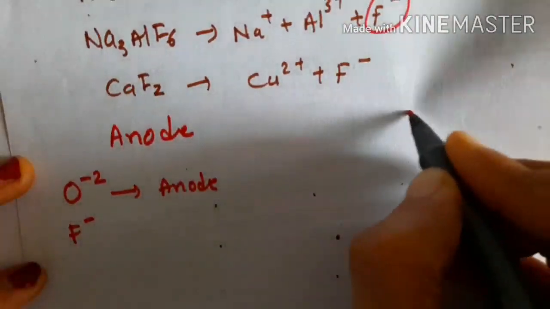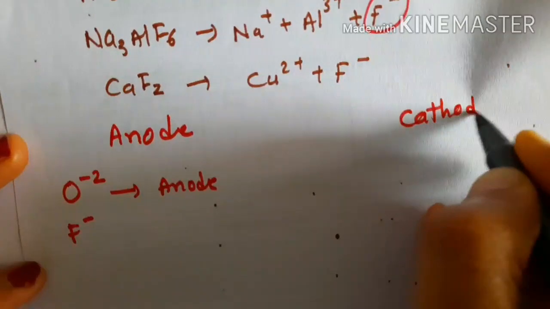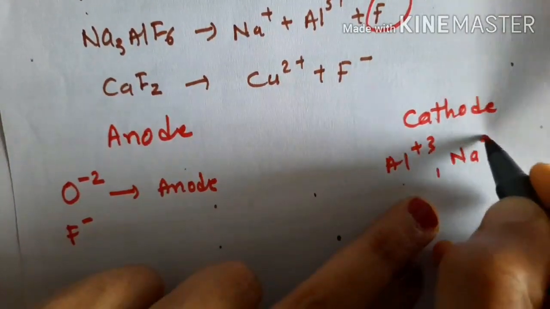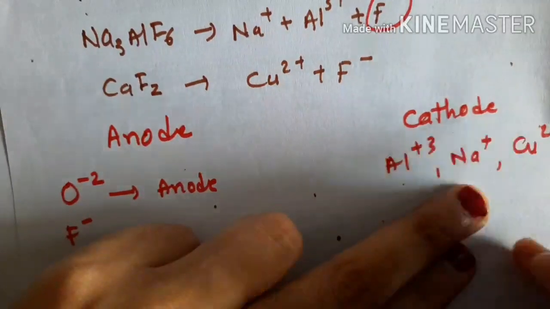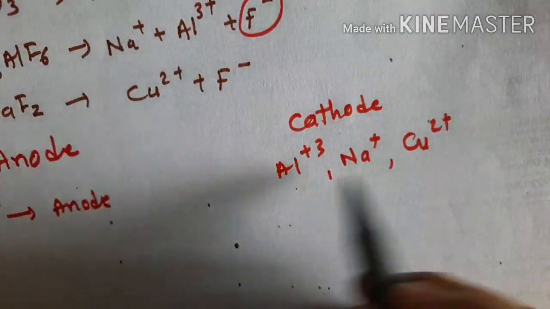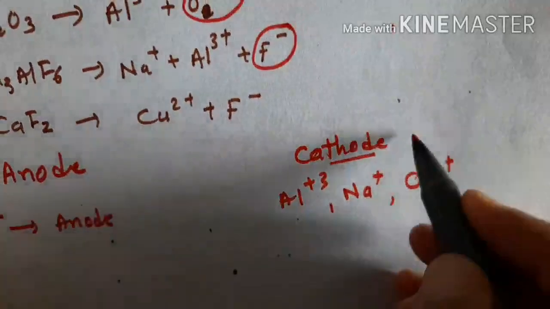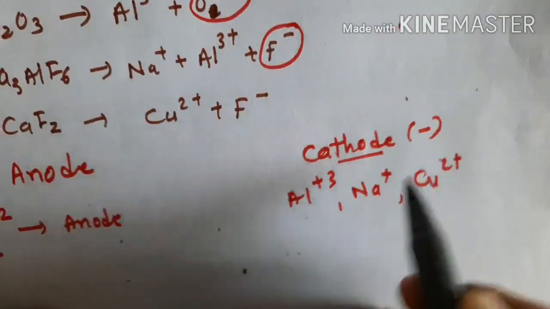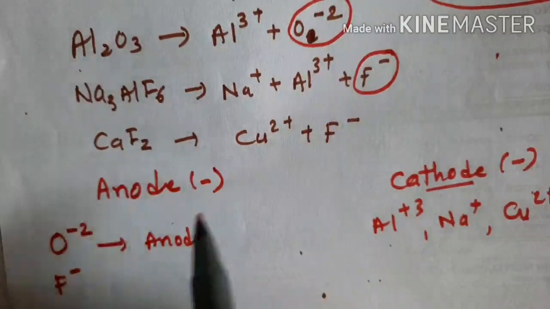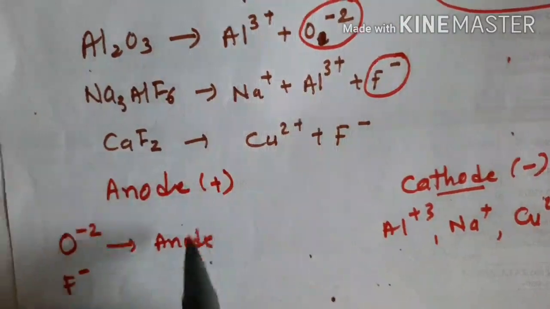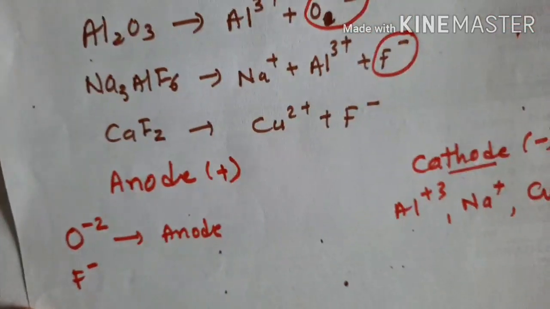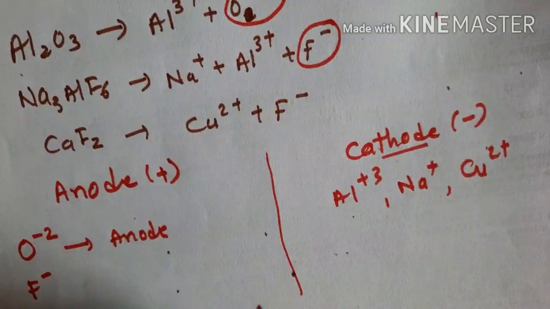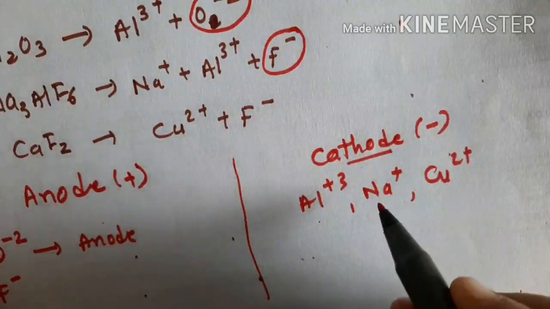And on the cathode there are Al3 plus, Na plus and Ca2 plus. These are attracted towards the cathode, because the cathode has a negative charge. So on the negative charge, positive ions are attracted, and on the anode, which is positive, negative ions are attracted. Now not all of these ions are liberated on the cathode.